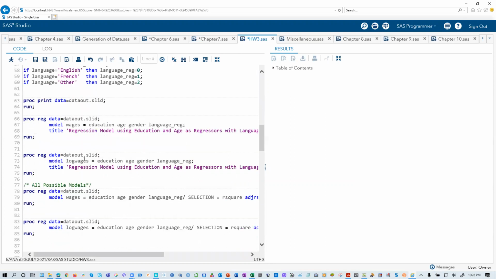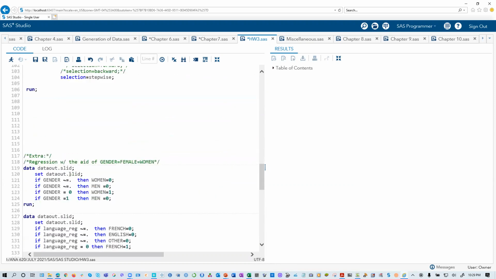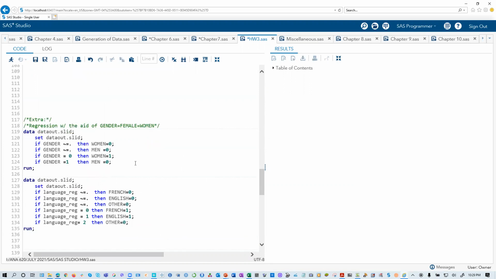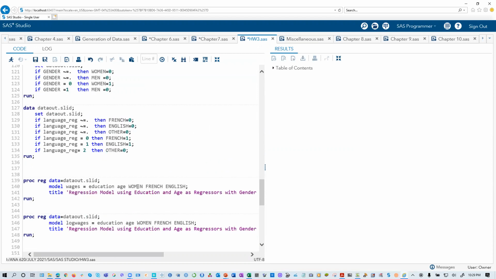See, and I did that one with respect to log wages as well. Now what? Now here, see, regression with the aid of the gender, female column. I can run the regression. Same thing I had over there.